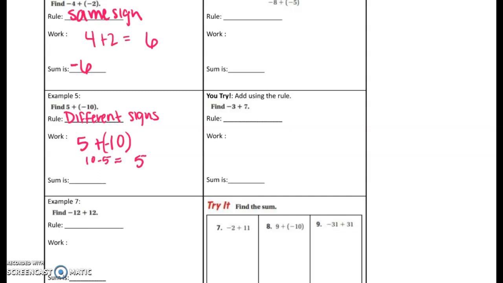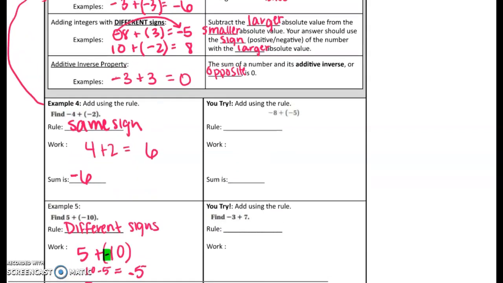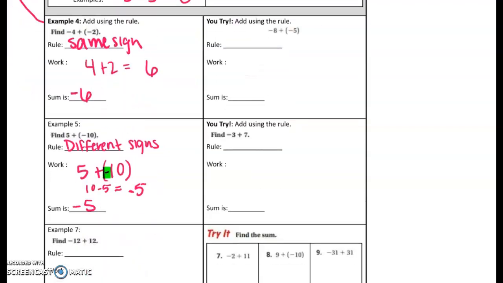And our number that's bigger had a negative, so my answer is negative. So we have -5. Just like up here it says you subtract the smaller from the larger, so we did 10 minus 5. And then we keep the sign of our larger number. We keep the sign of our -10, and so our answer is negative.